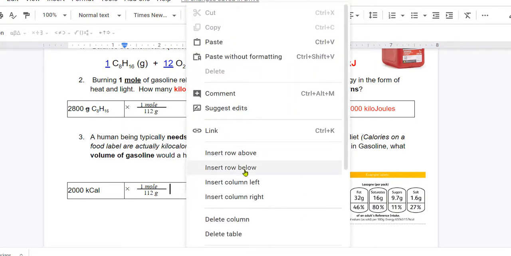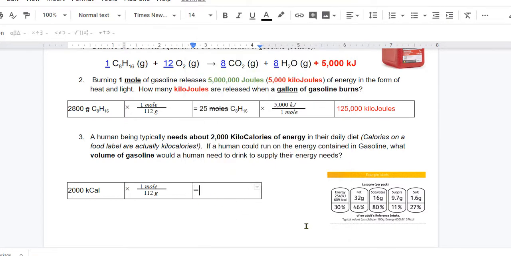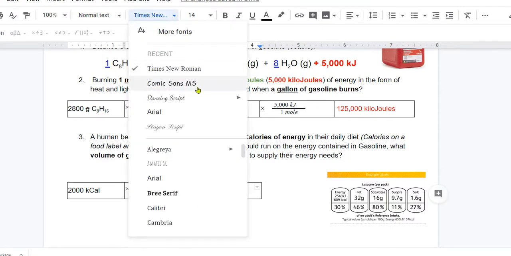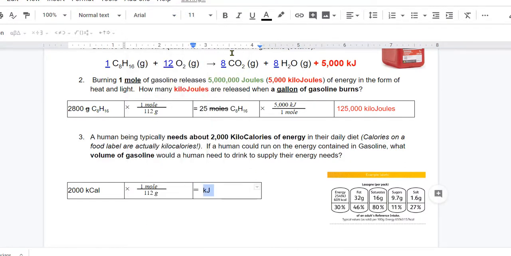I'm hoping you know how to do this with a table in Google Docs. Insert a column to the right so I can have my answer in a column. I need to convert Kcals to kilojoules. So I just formatted it so it's consistent with this text here. This is Arial 11 point, now this is 2.